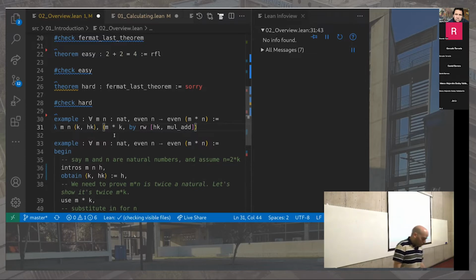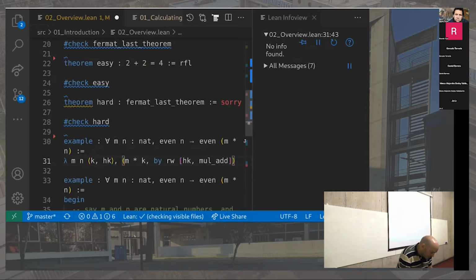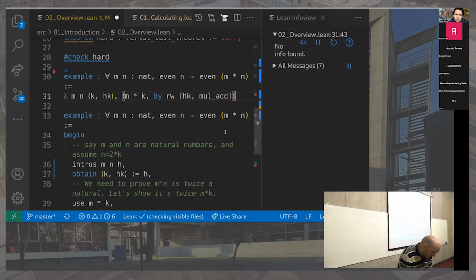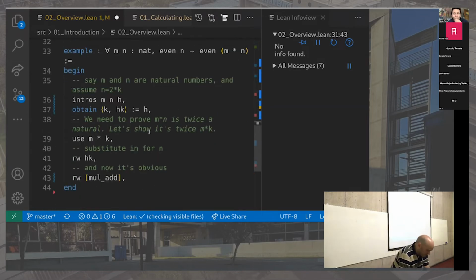What we are going to do is to use the elaborator more to help us write more understandable proofs. For example, here is the same proof, but written in a much more clear way. So this is what we are really going to do.